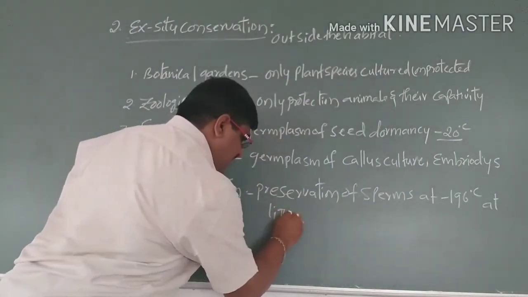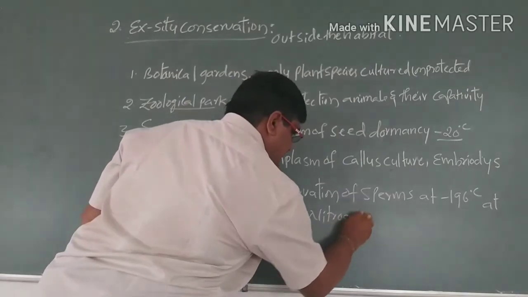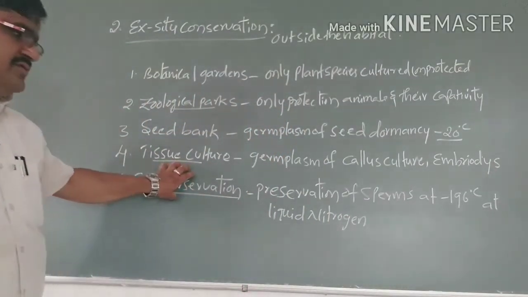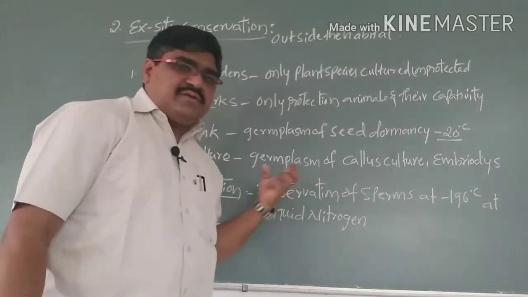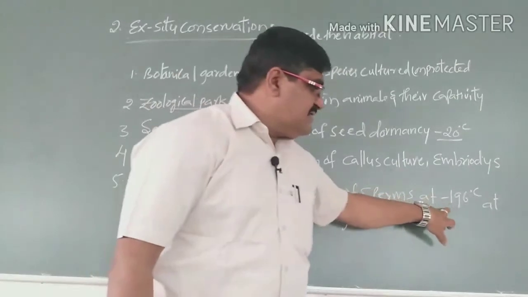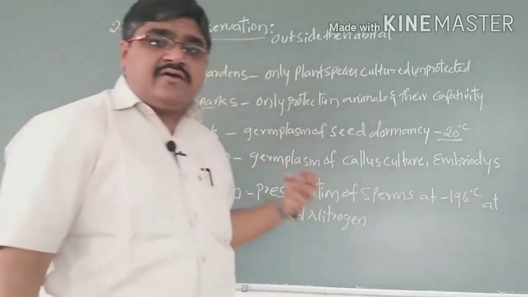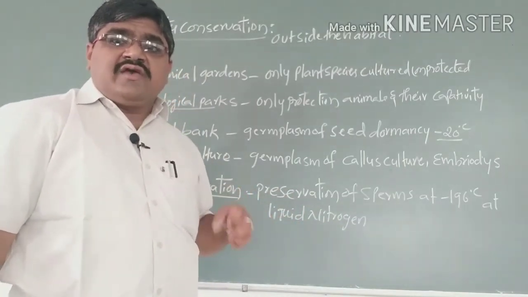Such a type we call cryopreservation. So the sperms are preserved at minus 196 degrees centigrade in liquid nitrogen, and these preserved species we can utilize.